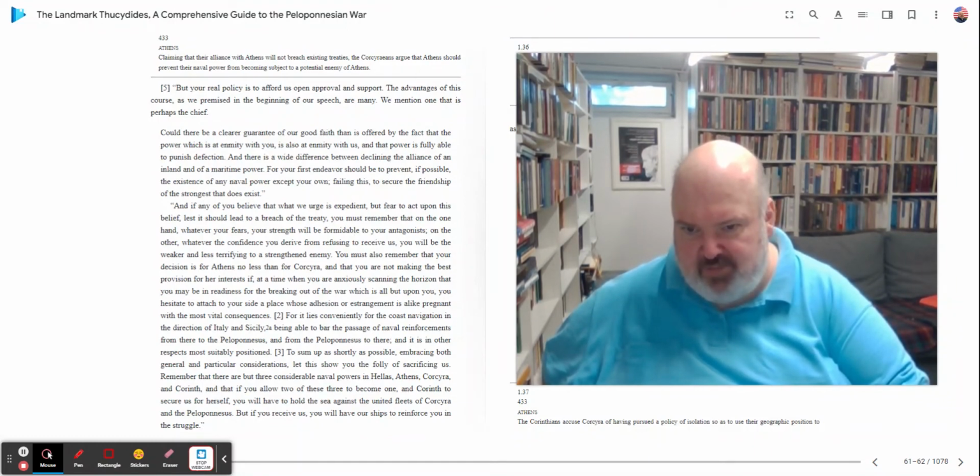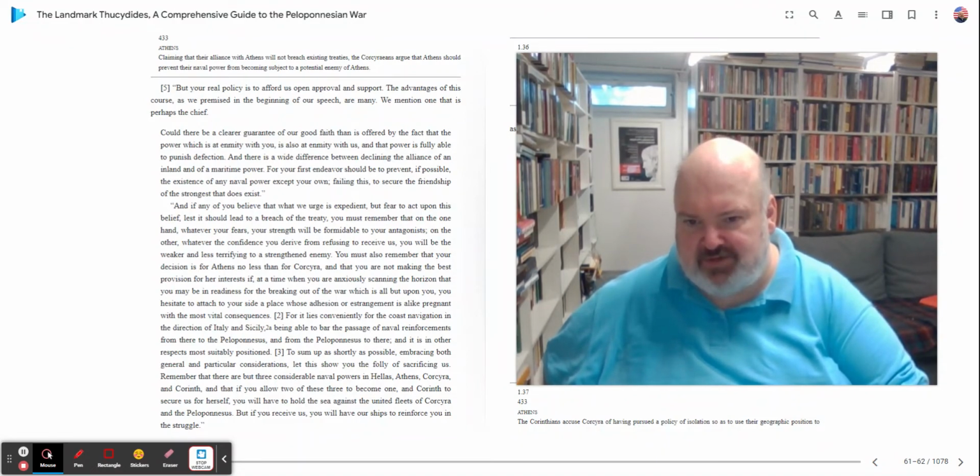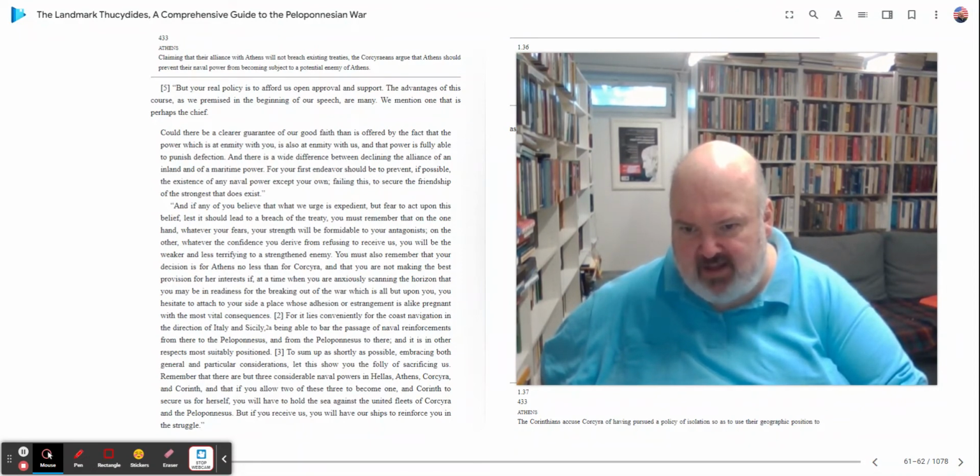And if any of you believe that what we urge is expedient, but fear to act upon this belief, lest it should lead to the breach of the treaty, you must remember that on the one hand, whatever your fears, your strength will be formidable to your antagonist. On the other, whatever the confidence you derive from refusing to receive us, you will be the weaker and less terrifying to the stronger enemy.